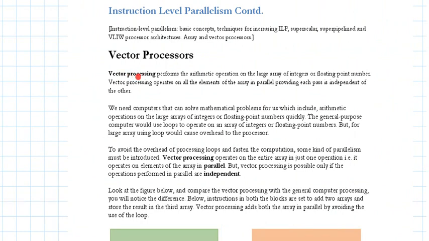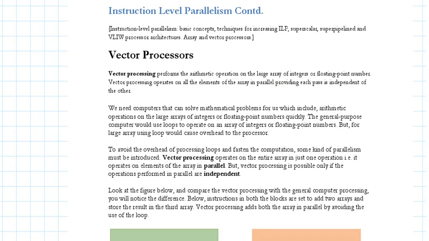A vector processor actually performs arithmetic operations on large arrays of integers or floating point numbers. Now, how does a vector processor do the operations? Vector processing operates on all the elements of the array in parallel, right?